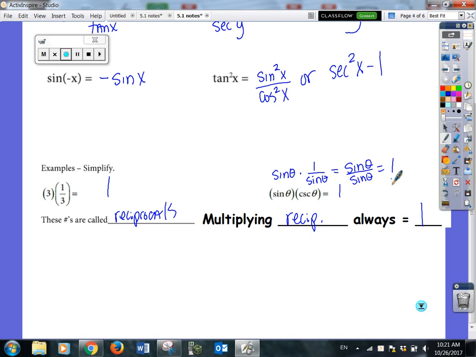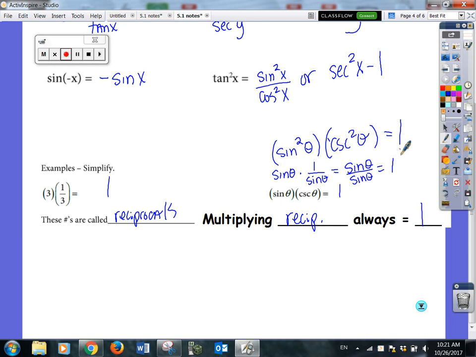But anytime you multiply sine times cosecant, or secant times cosine, or tangent times cotangent, it's always going to be 1 because they're reciprocals. And that works the same if they're squared. If I change this to sine squared theta times cosecant squared theta, those also are reciprocals, which equals 1.